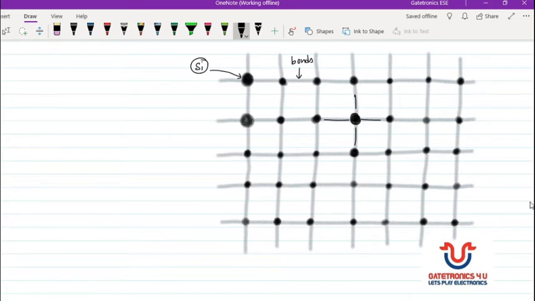So we can write here 2D representation of silicon.